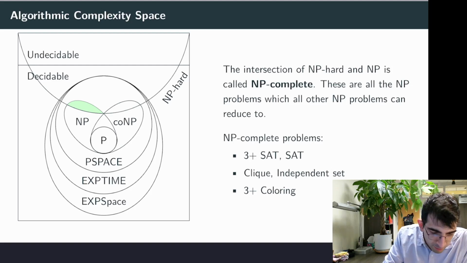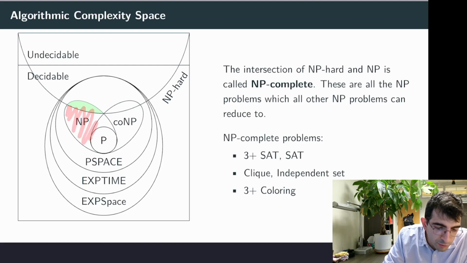Okay, so this space here, NP complete, the reason it's important is because these are the hardest NP problems that exist. So all the problems in NP should be reducible to these NP complete problems.